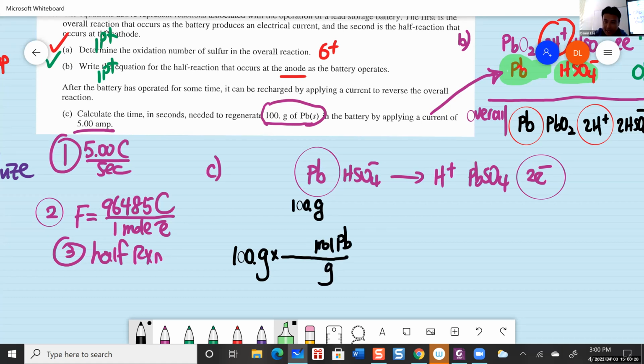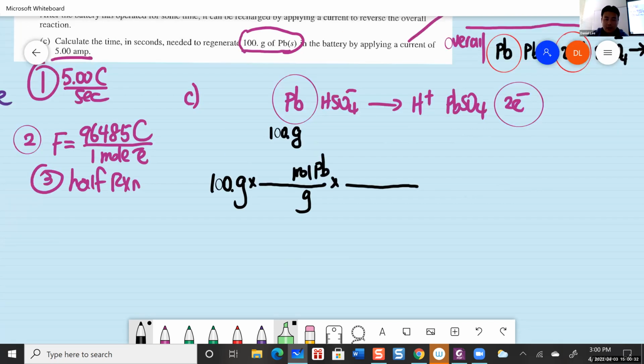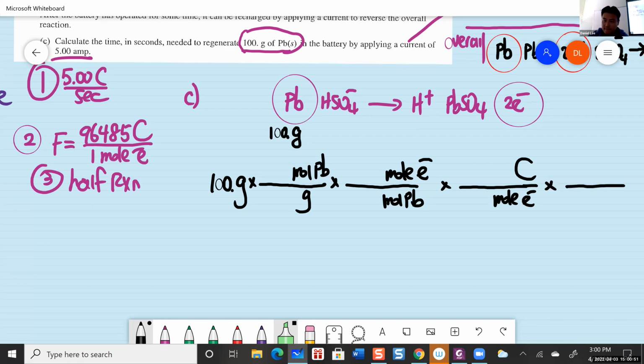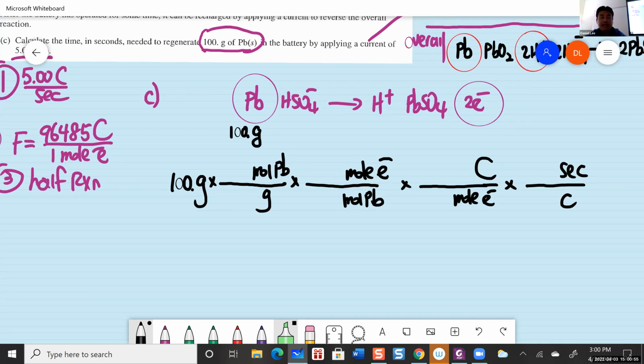Once you have moles of lead, use the balanced equation: 1 mole of lead to 2 moles of electron. So moles of Pb to moles of electron. And then Faraday's constant converts moles of electron to coulombs. And then current converts coulombs to seconds. You're done. Like that. I did not put any numbers.